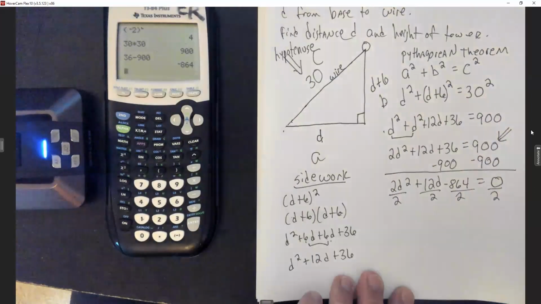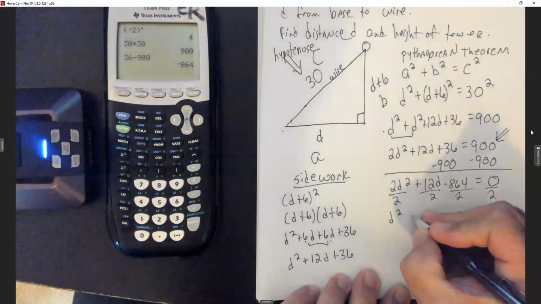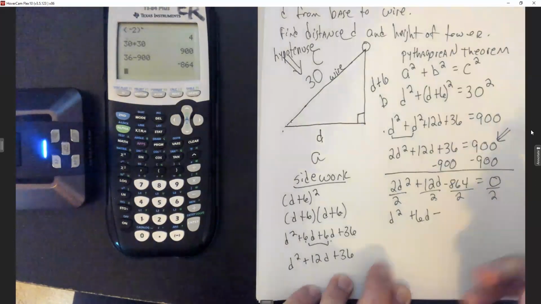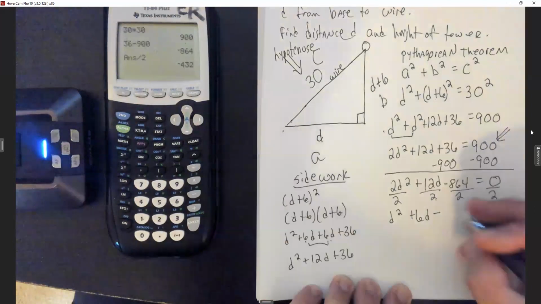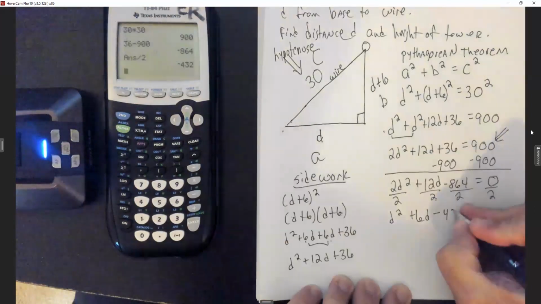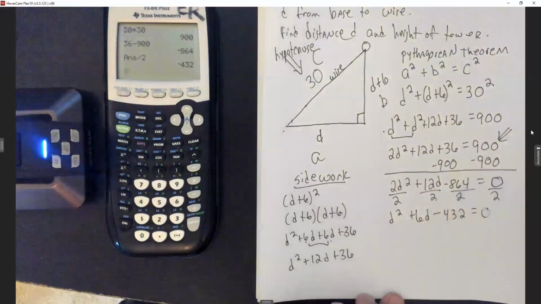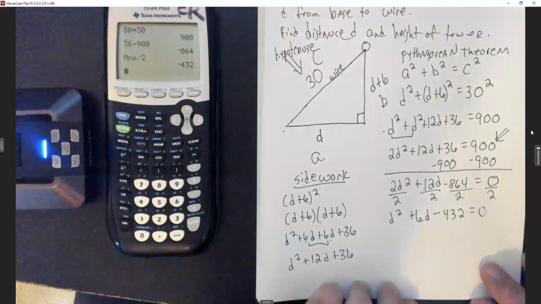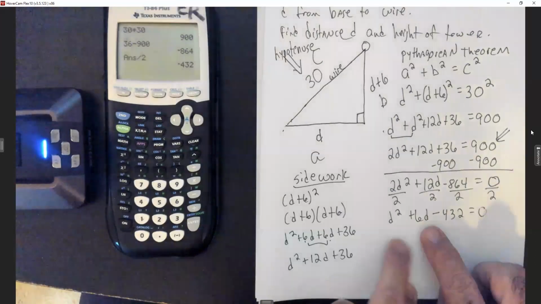So 2 divided by 2 makes that a 1D squared plus 12 divided by 2 is 6D minus 864 divided by 2 is a negative 432, and all that's equal to 0 still. Okay, so now I would have to try to find factors of 432 that subtract and get 6.